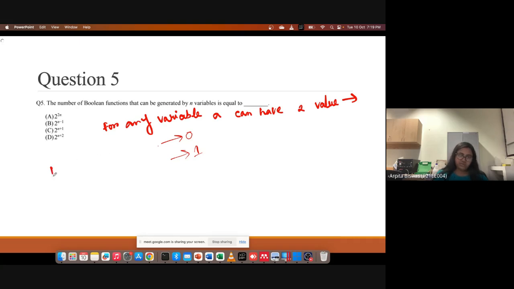So for n variables, there are 2 to the power n entries in the truth table.